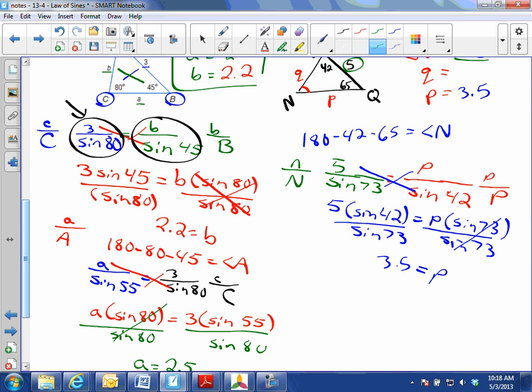Okay. Last thing we need to find is side q. How are we going to set it up to solve for q? Q over the sine of 65, right?